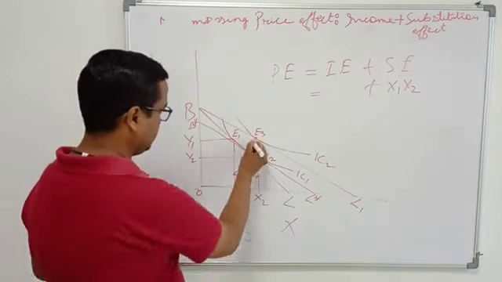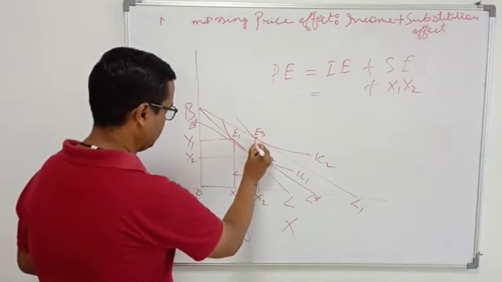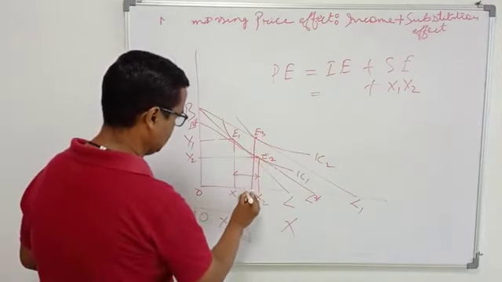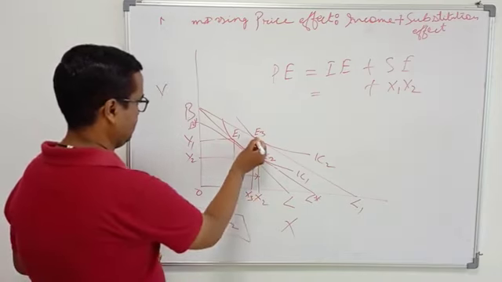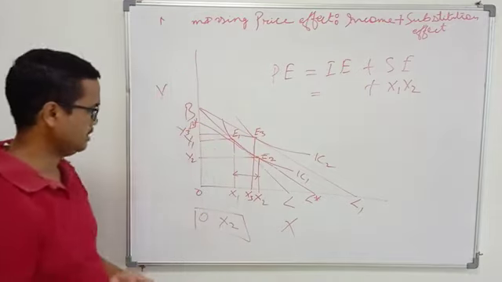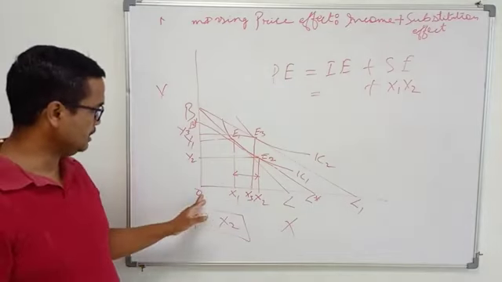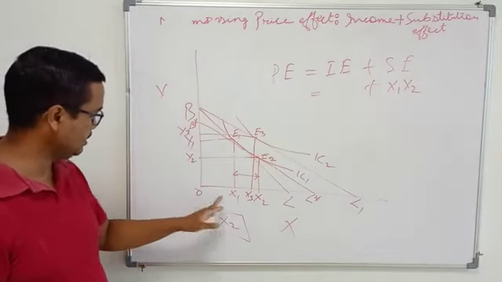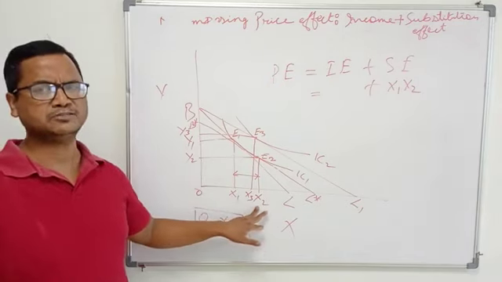At this point, how much is the consumer purchasing of X good? If you draw a perpendicular on the x-axis, you get X3, and similarly Y3. Our target is the X commodity. Due to the substitution effect, finally the consumer was consuming OX2. The substitution effect is always positive.